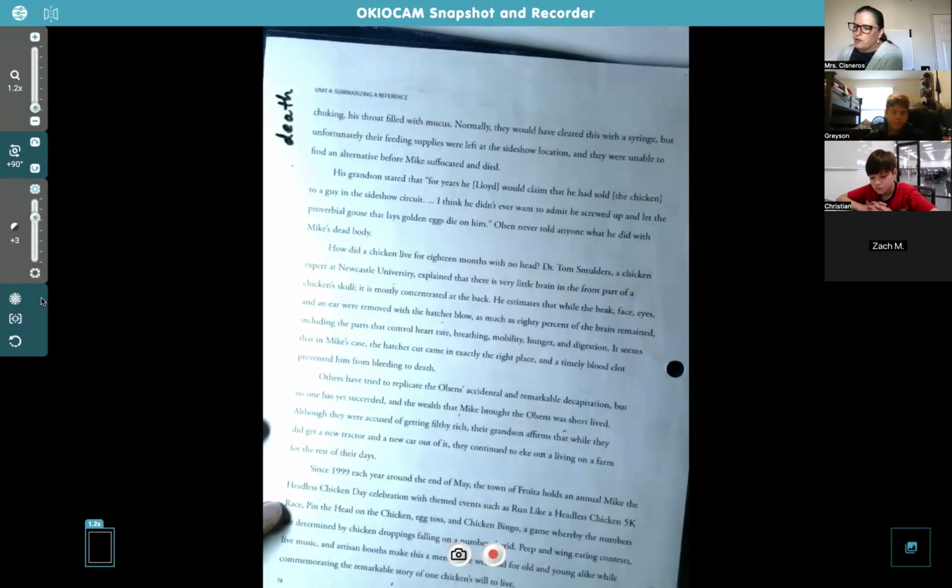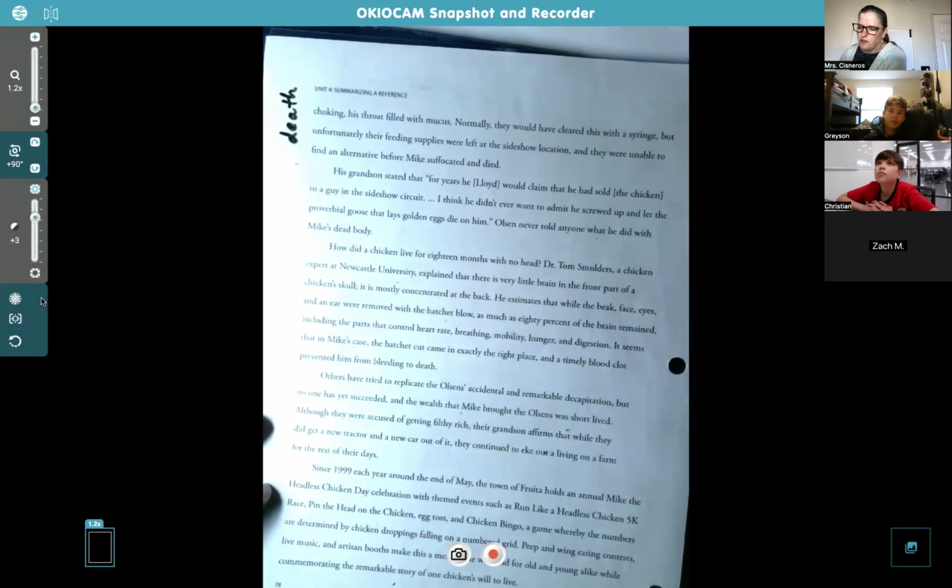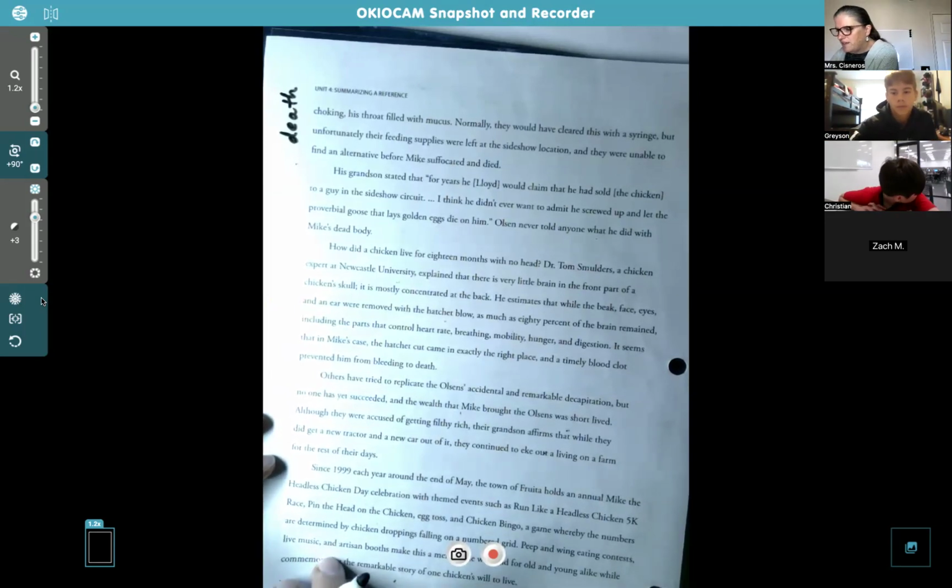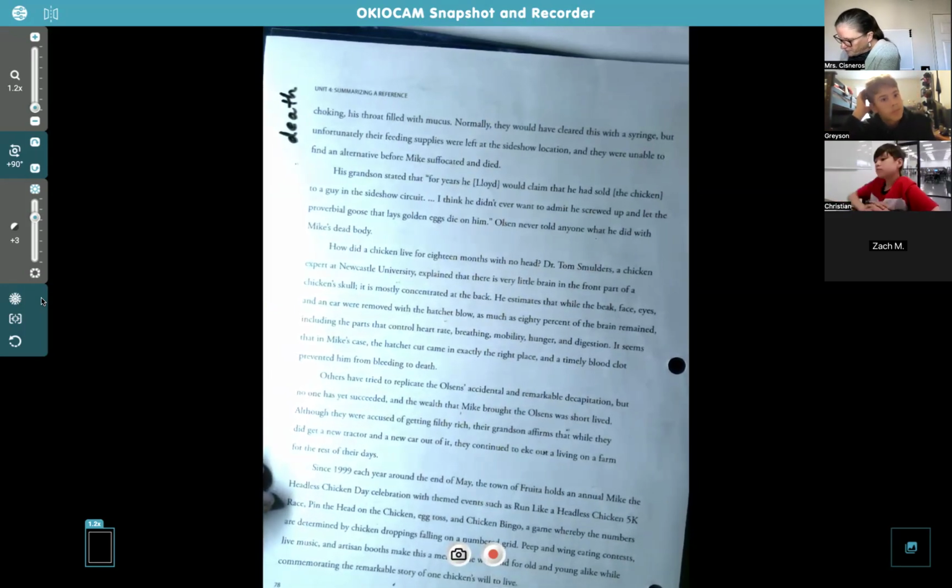So the proverbial goose that lays golden eggs, you've probably heard of this story. It's like a nursery rhyme. The goose that laid the golden eggs. It was just a made up story, but basically meaning it brought them money. It was a money maker. Proverbial means figuratively, like not literally a goose that laid golden eggs. It's representing that. Okay.